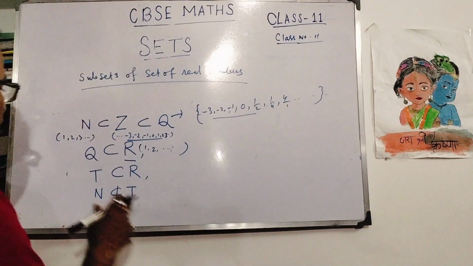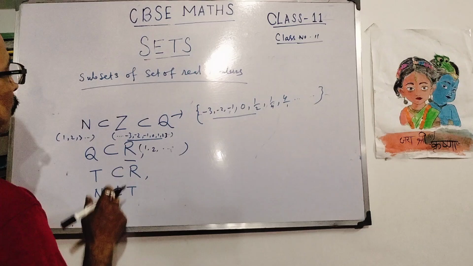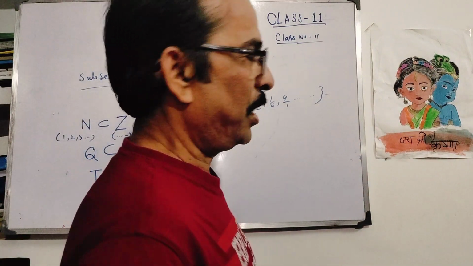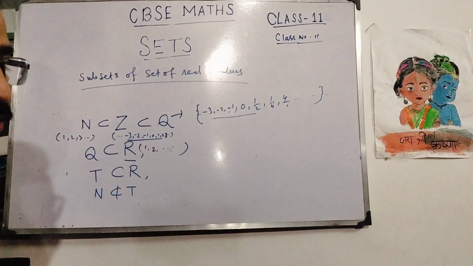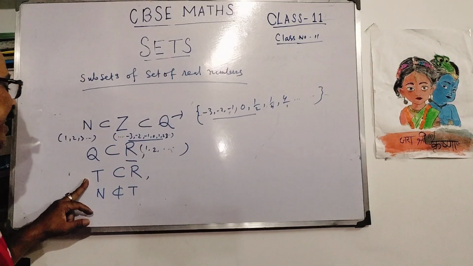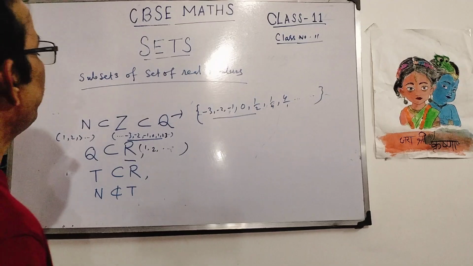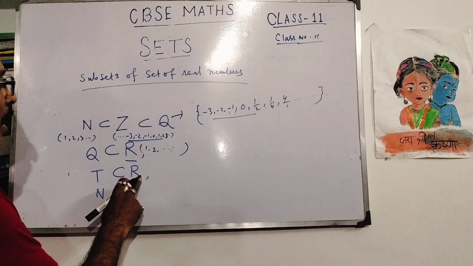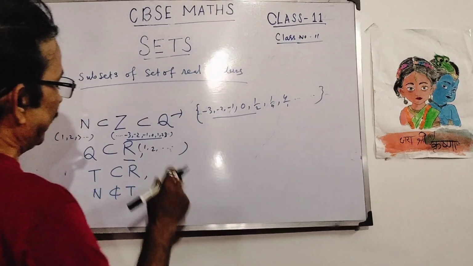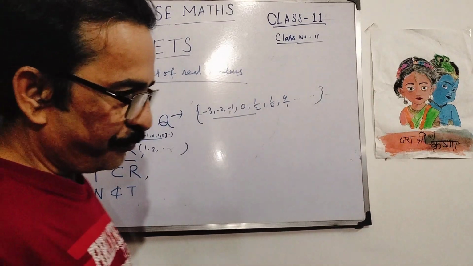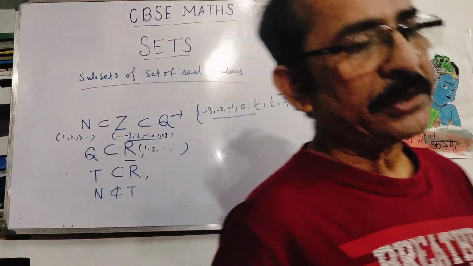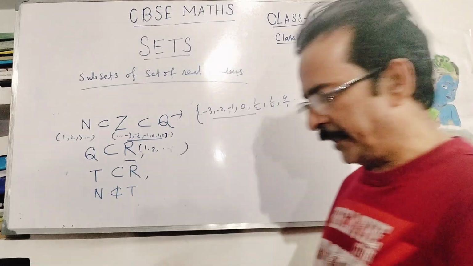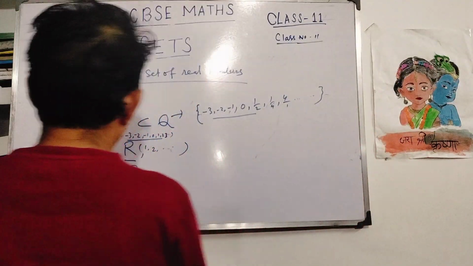And also T is a subset of R. What is T? T is the set of irrational numbers. These symbols are very important, so memorize them. T means irrational numbers, and R means real numbers. So T is a subset of R, and N is not a subset of T.